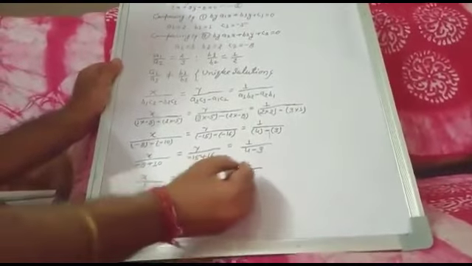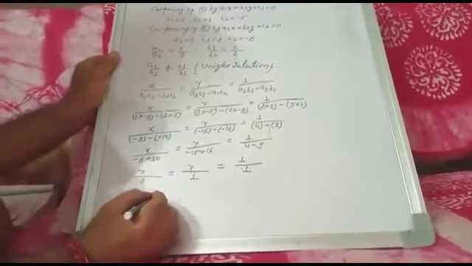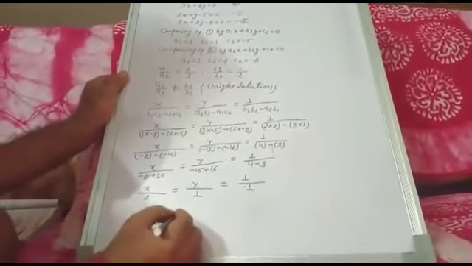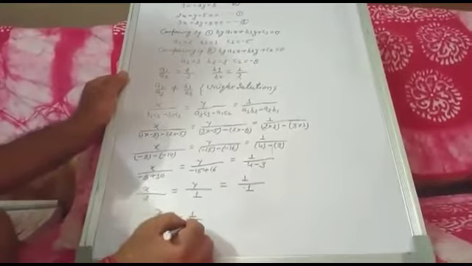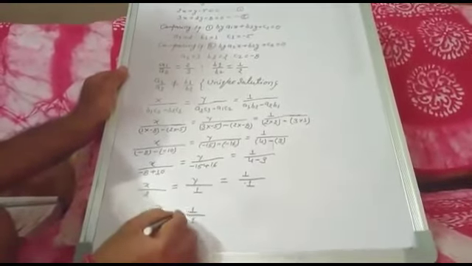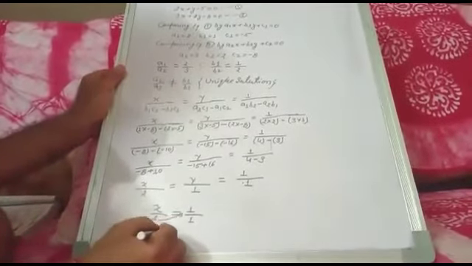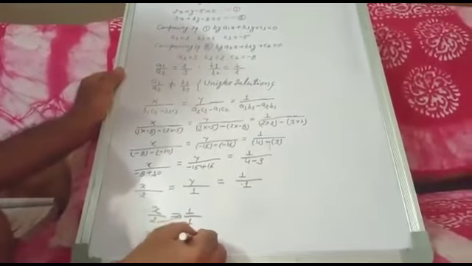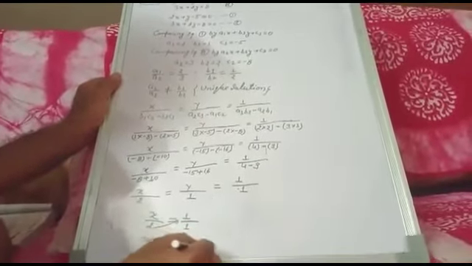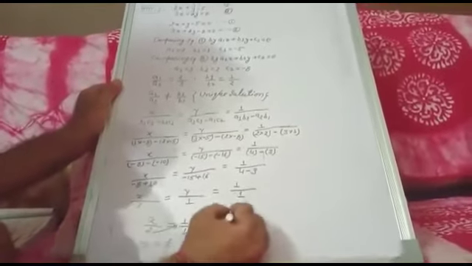First condition: x upon 2 equals the last condition, 1 upon 1. By cross multiplication, x equals 2 upon 1, so x equals 2. The value of x is 2.